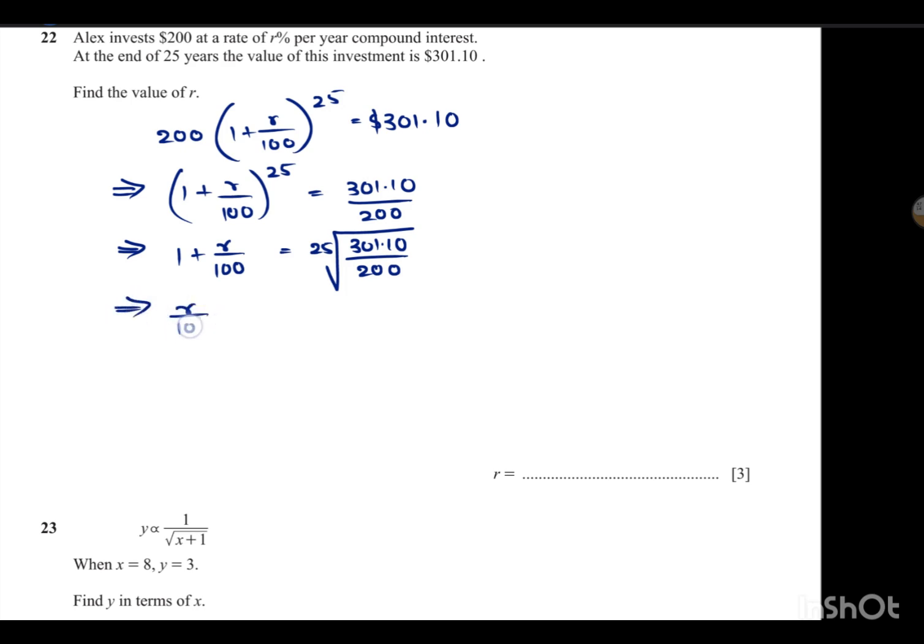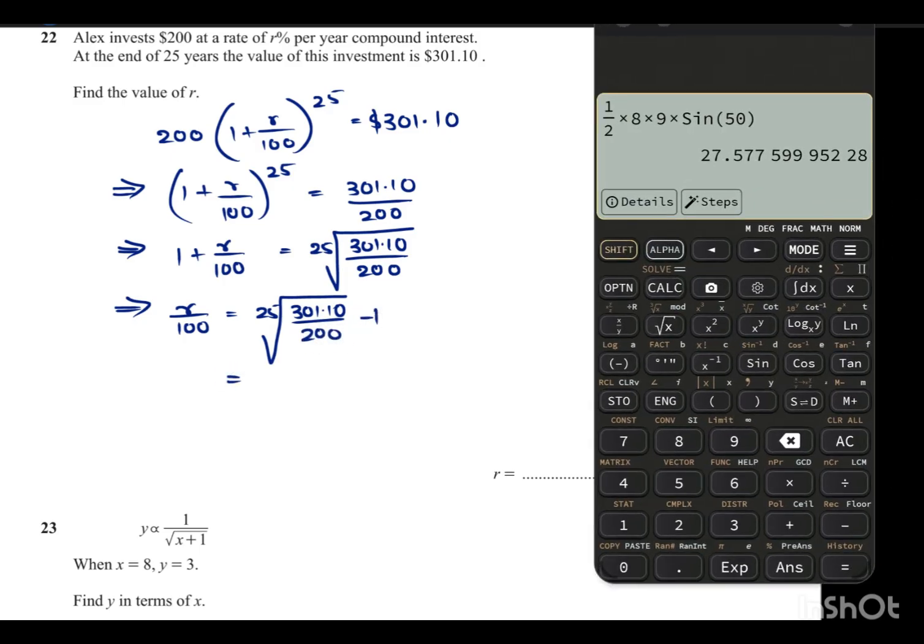Next, bring 1 onto the right hand side. 25th root of 301.10 by 200 minus 1. Find out.